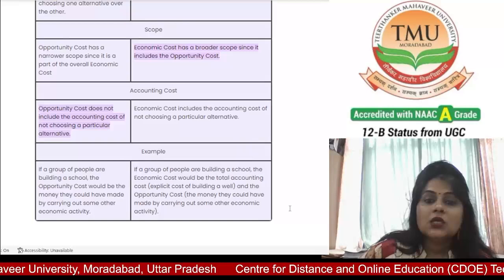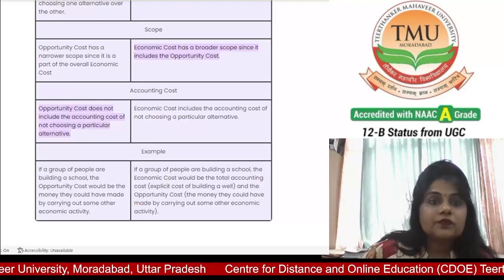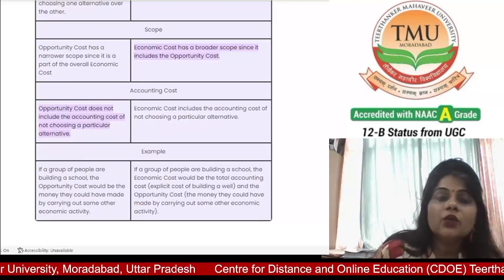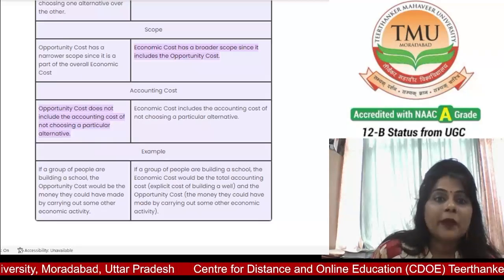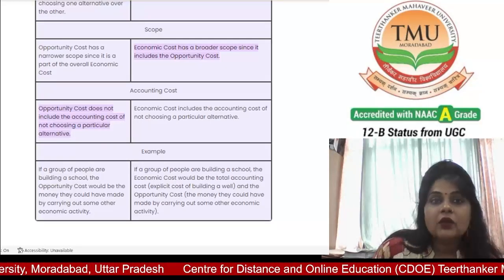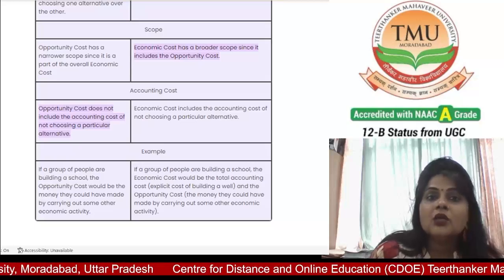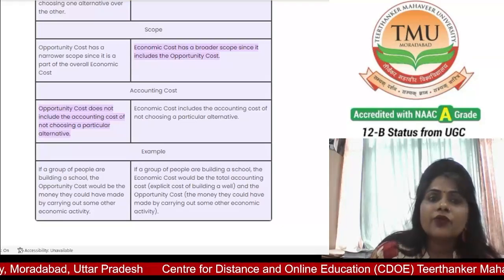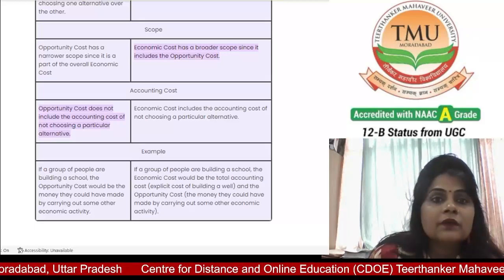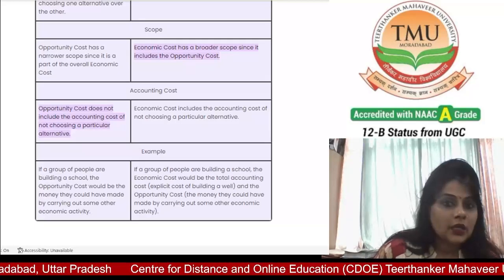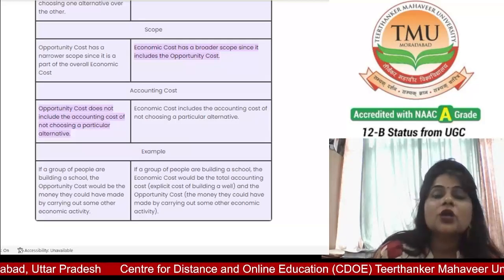Now, accounting cost: opportunity cost doesn't include the accounting cost of not choosing a particular alternative, and economic cost includes the accounting cost of not choosing a particular alternative. Sorry, economic cost includes it and opportunity cost does not.